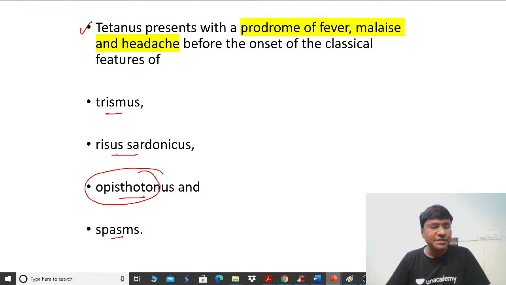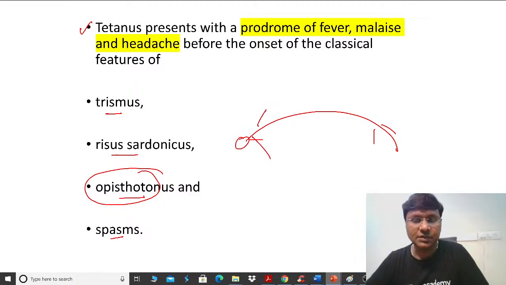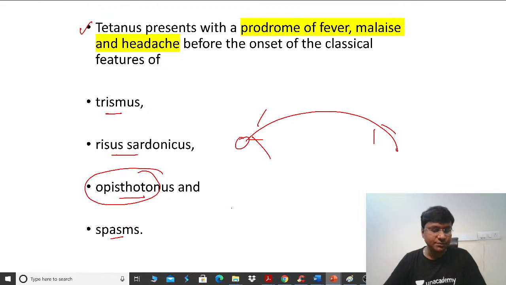Kumar Vendani, opisthotonus. Please tell me, what is opisthotonus? What will be the posture of the individual in opisthotonus?